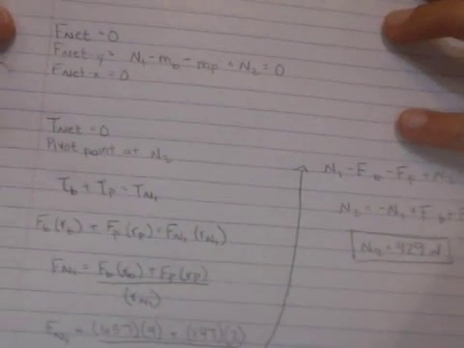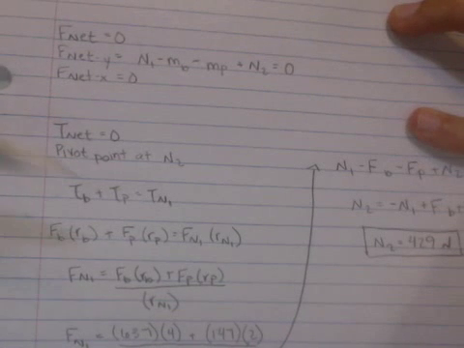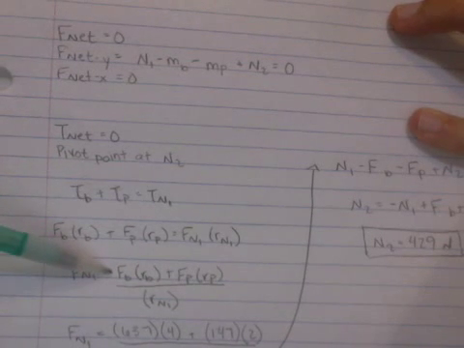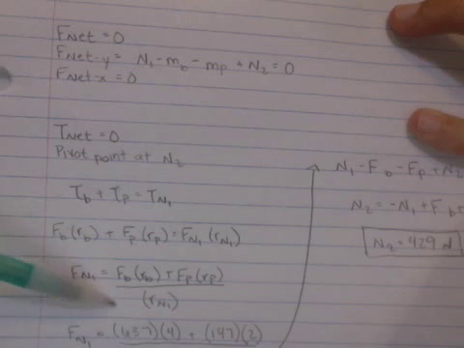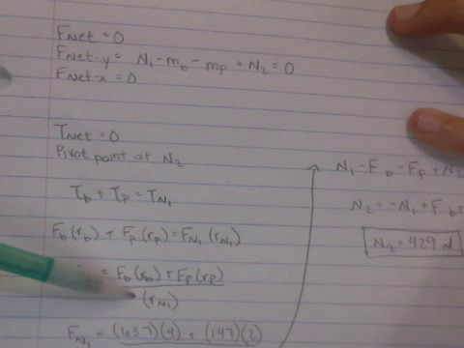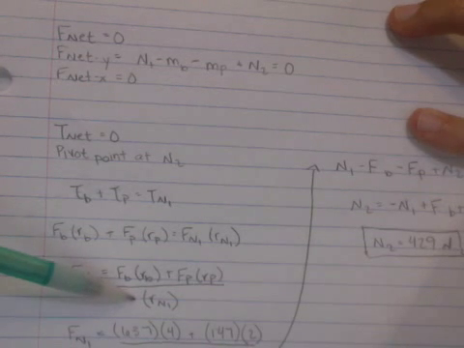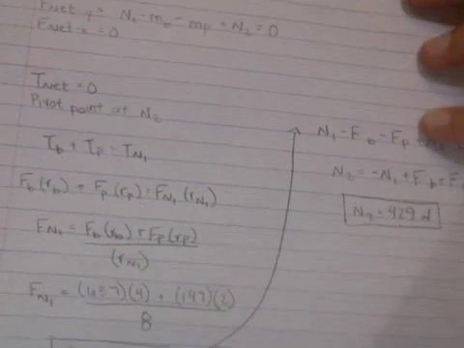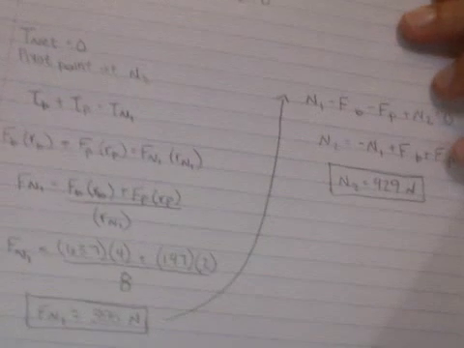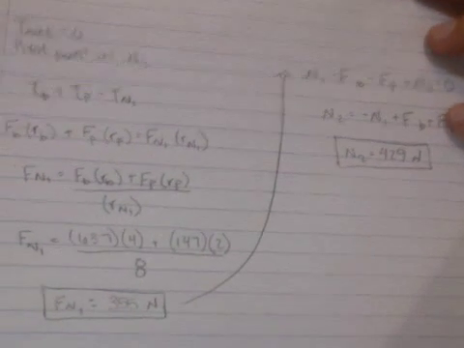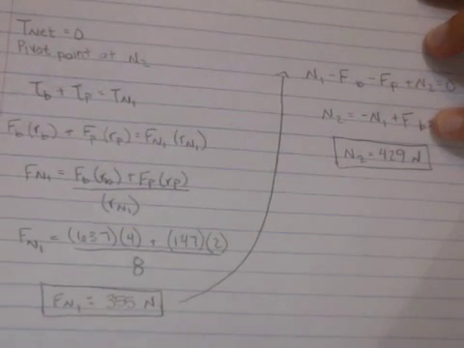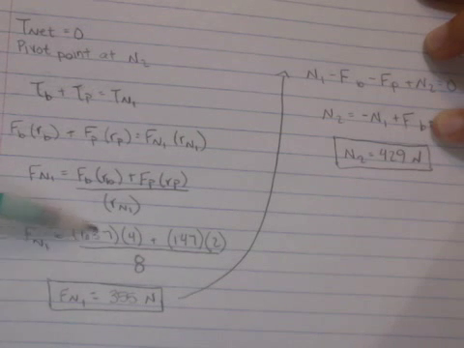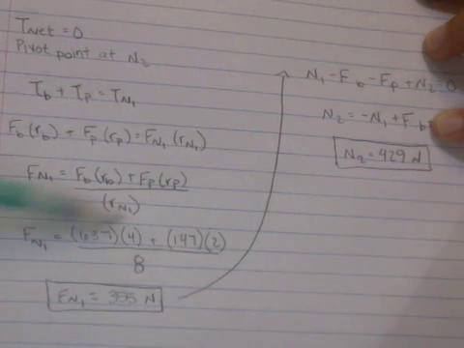Then I solved it for N1: the torque of the board plus the torque of the person, divided by the radius of the first normal force. To find the radius of each of the forces, you have to look back at the free body diagram.